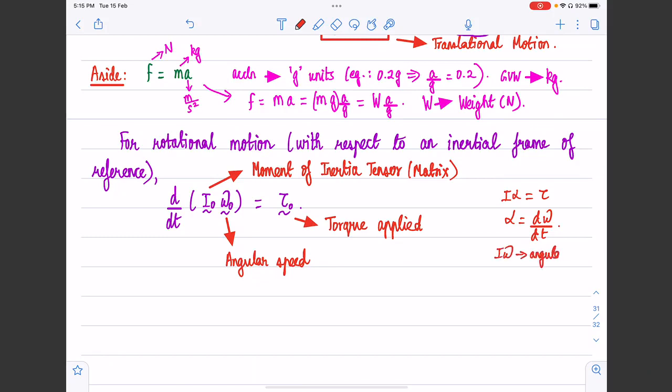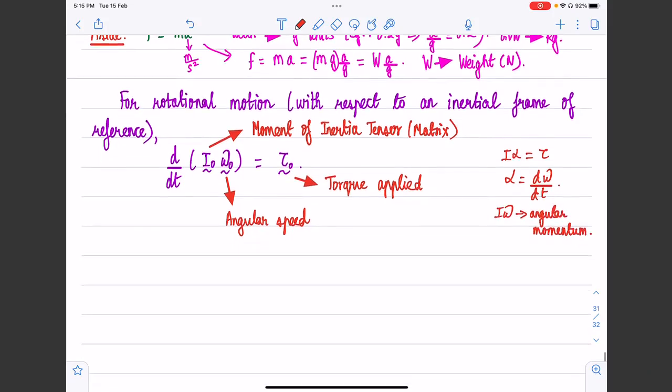So when do we get I alpha? When I is constant. When the moment of inertia is constant, the left-hand side of the equation which I have written down becomes I alpha. But this is a general equation, so it is always better to start from the general equation, and if the moment of inertia is constant, well and good, we can write I alpha, otherwise we need to be careful. That is the point. I hope that clarifies. That's a good observation.